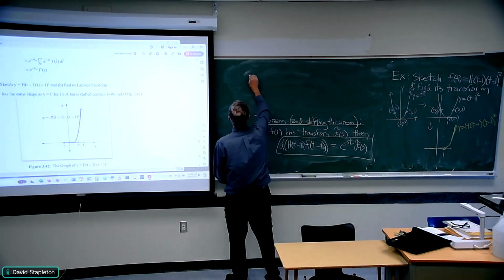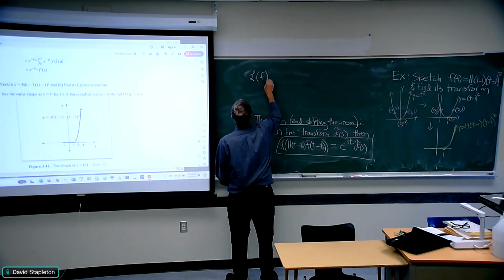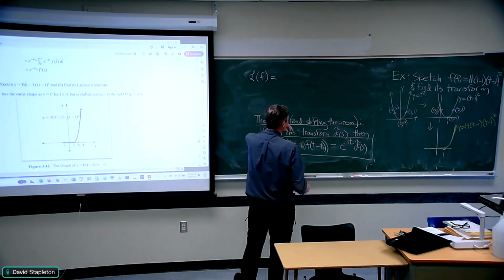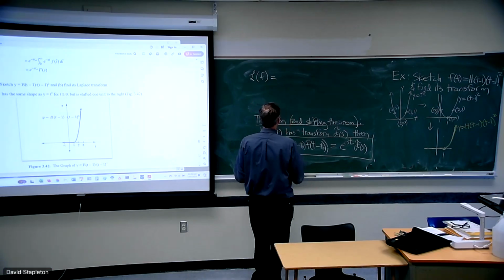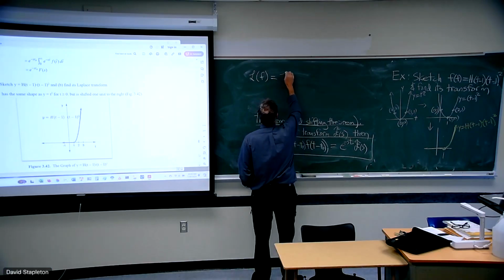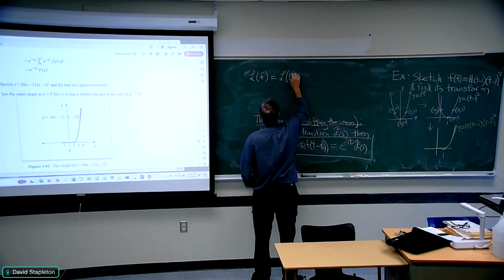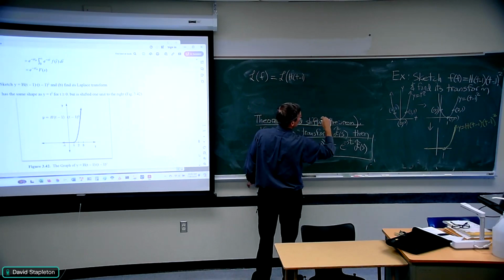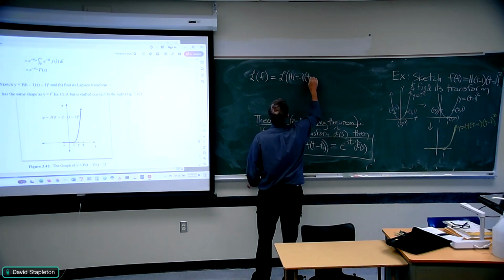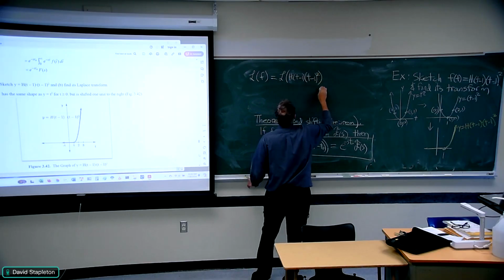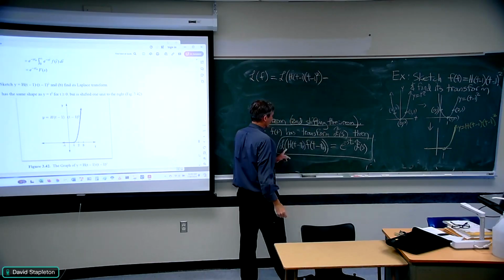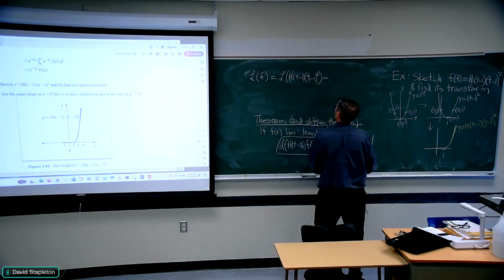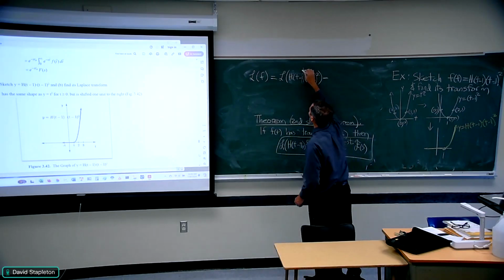Now, what's the Laplace transform of f of t? Well, by the second shifting theorem, since it's the Laplace transform of h of t minus 1 times t minus 1 squared, this is e to the minus s t0, where t0 is this number.